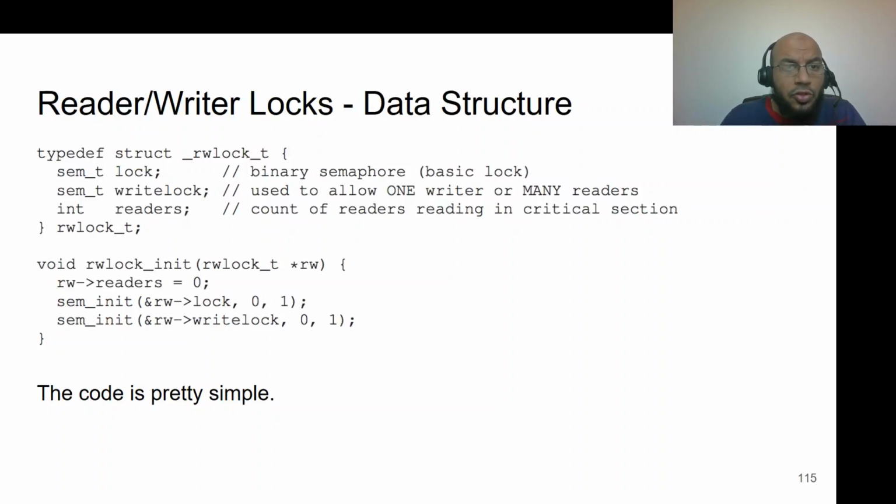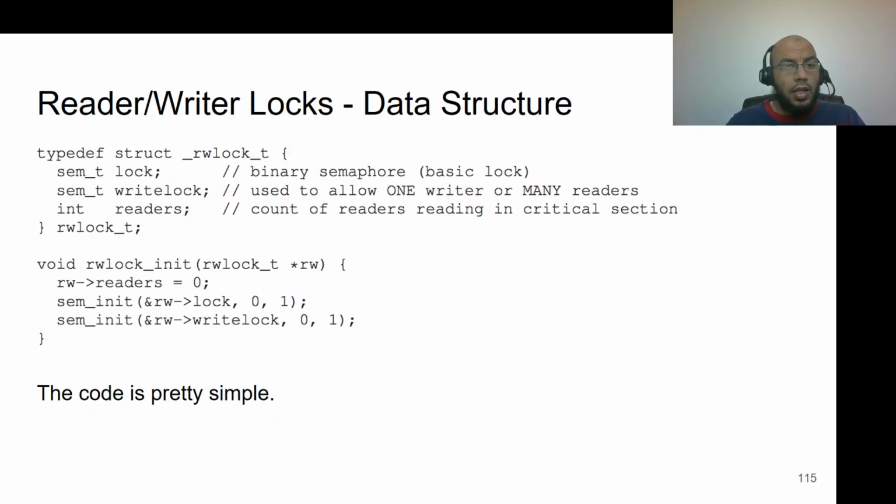You'll have two semaphores: one that is a general lock, a very basic lock on the data structure that you need to acquire to change anything in the write lock. So it's sort of a lock for the write lock. And you have a semaphore for the write lock, and a count of readers. So this is basically your read-write lock struct.